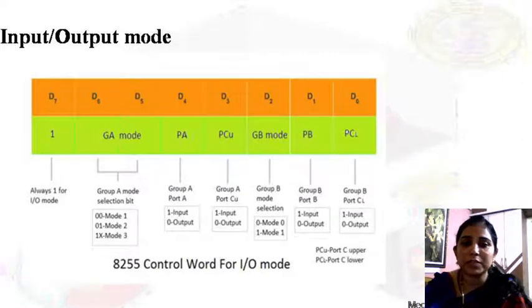Students, you can see that for group A mode 2 bits are dedicated, whereas for group B mode only 1 bit is dedicated.